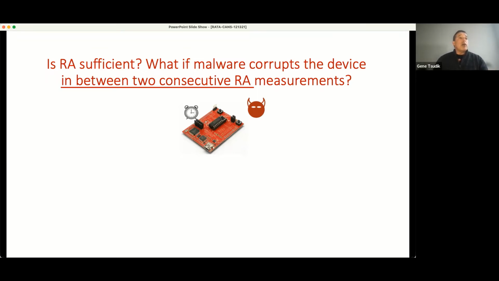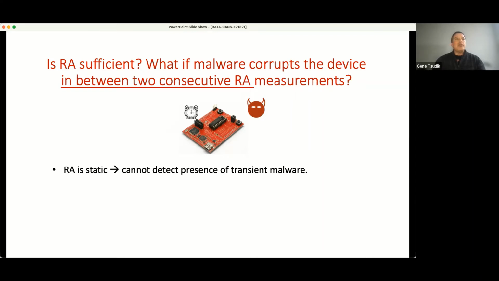But malware remains unseen, stealthy, if it manages to infect, perform its tasks, and erase all traces of its presence before the next attestation. And so this is the big question in the context of this talk: how do we detect the fact that malware has been there but is no longer there?